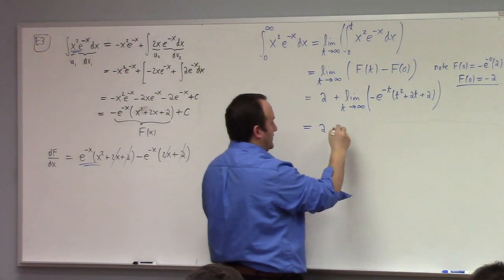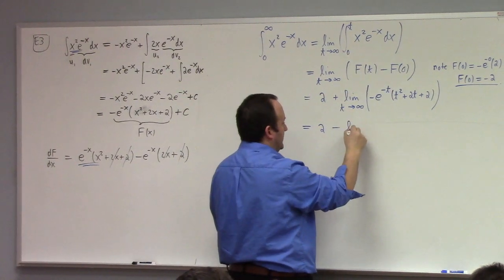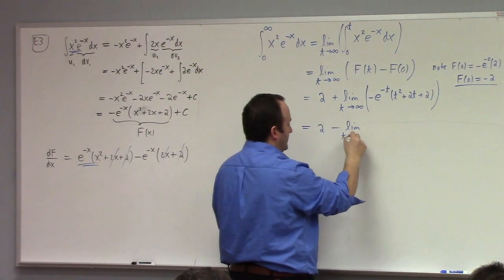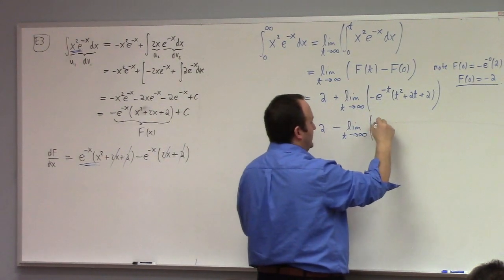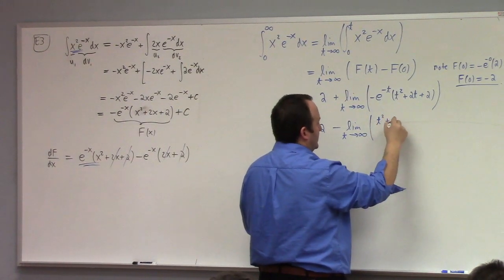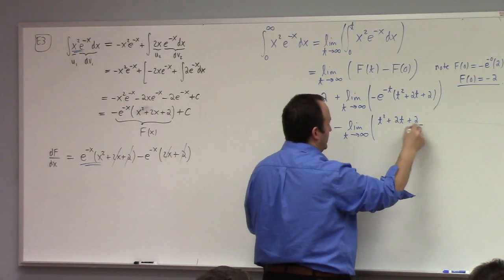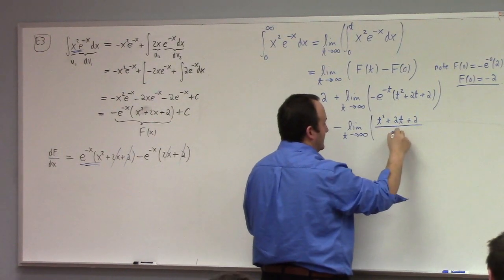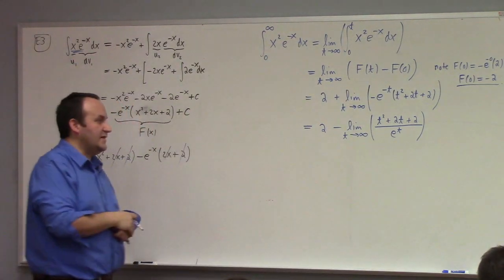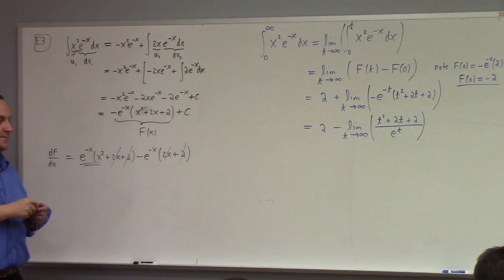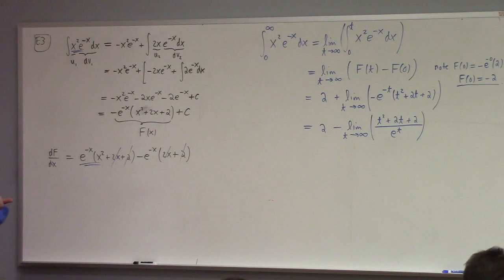All right, so what is this? Minus the limit as t goes to infinity of, what we got? I say what we have is t squared plus 2t plus 2 divided by e to the t. And the reason I did that is in the above, we're looking at something that's indeterminate, right?